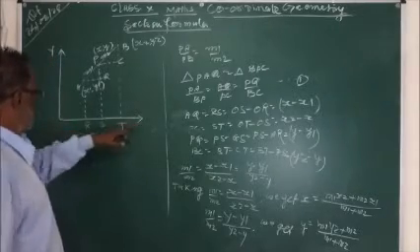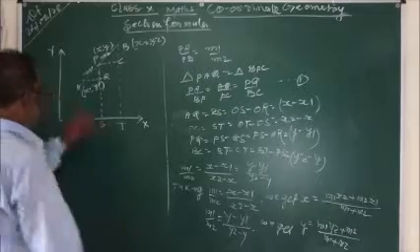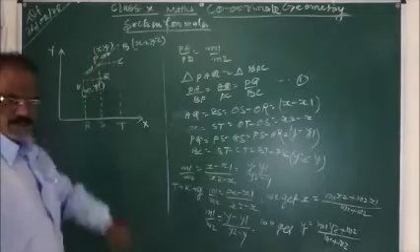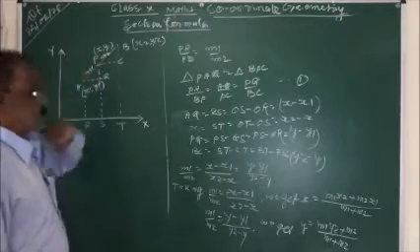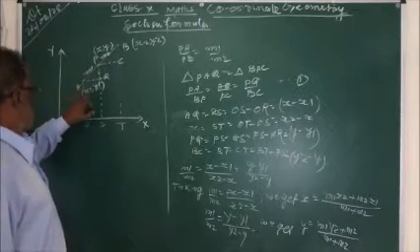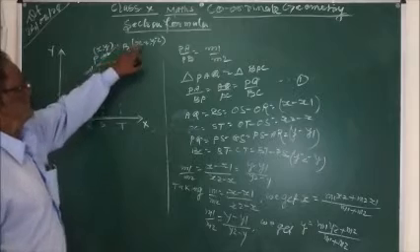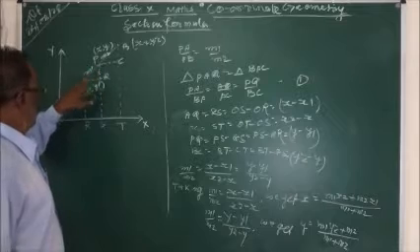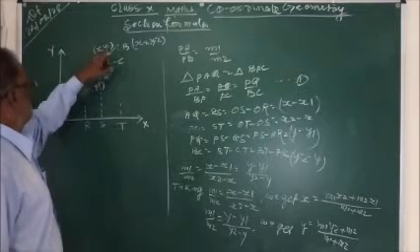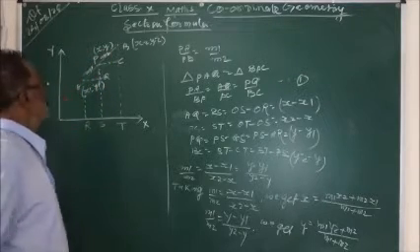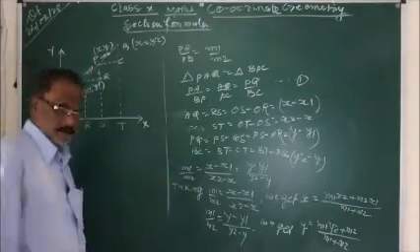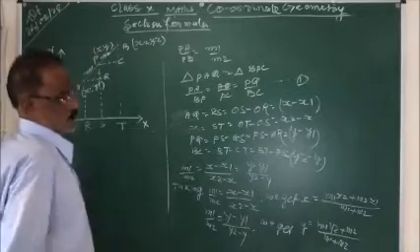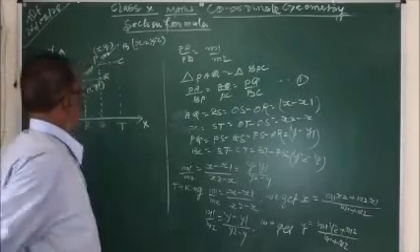Now you see these are the two axes, x-axis and y-axis, and A and B are 2 points. AB is the line segment, coordinates of A are x1, y1 and B are x2, y2. A point P on AB such that this line segment AB is divided in the ratio m1 is to m2, m1 by m2.